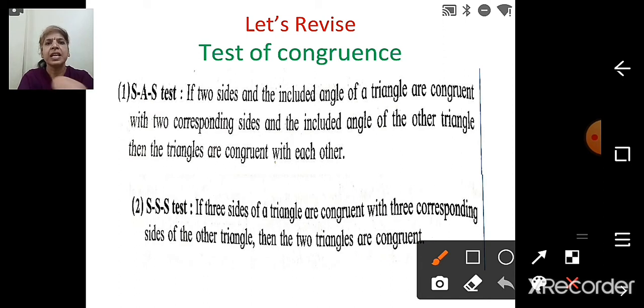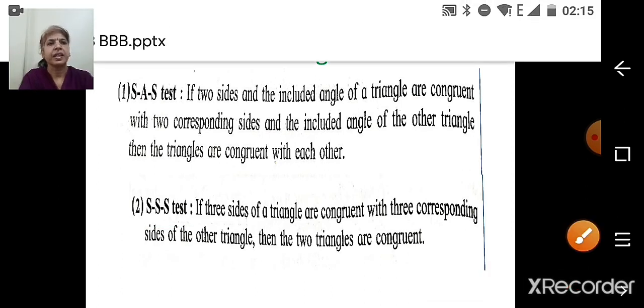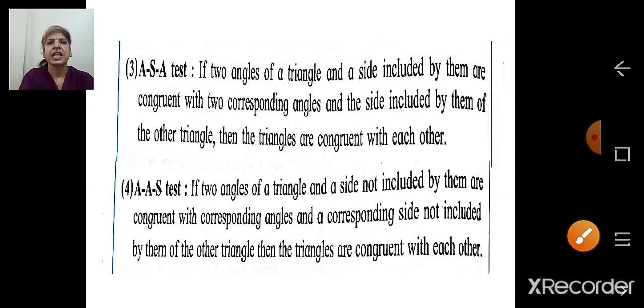Next one is SSS test. As the name indicates, side, side, side test. If 3 sides of a triangle are congruent with 3 corresponding sides of the other triangle, then the two triangles are congruent. Next test is ASA test.